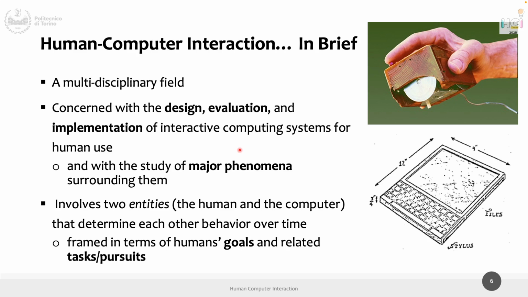But the goal is that it's concerned with the design, evaluation, and implementation of interactive computer systems for human use, and with the study of the major phenomena surrounding them. So people, technology, and how to design, evaluate, and implement, realize in practice, interactive systems. It involves two entities, of course, the human and the computer, that interact in the sense that each one determines the behavior of the other over time.